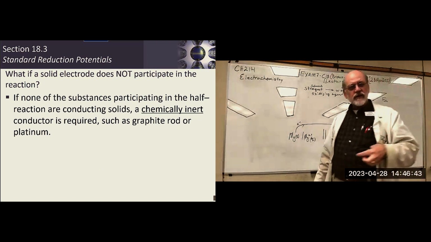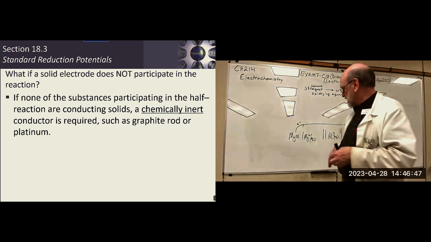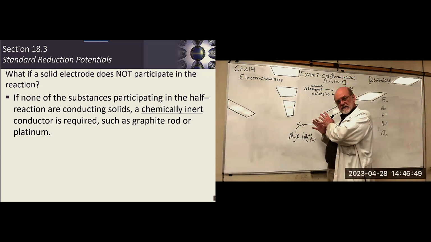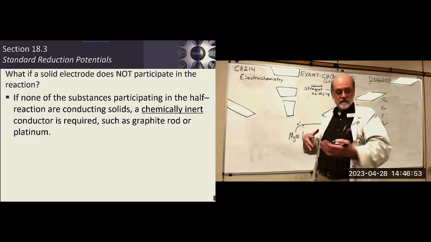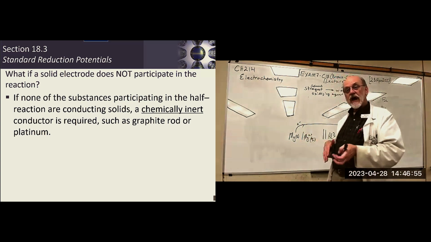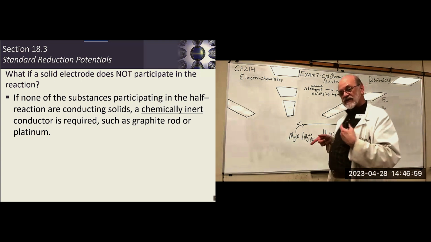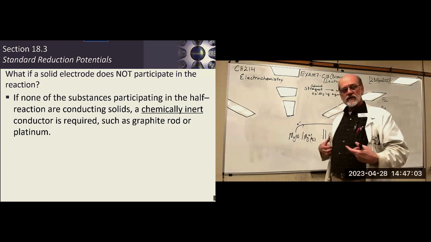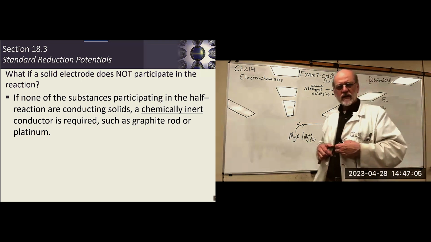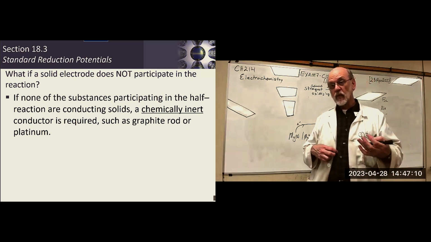So what if the electrode does not participate in the reaction? If either one of these reactions is occurring completely in solution, right, and the electrode is not participating, then all you need is something to transmit the electrons from one to the other. And we usually use something that's inert, like a nickel chromium wire or platinum wire.